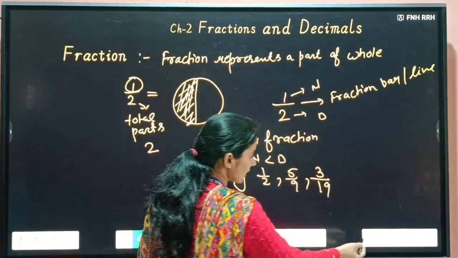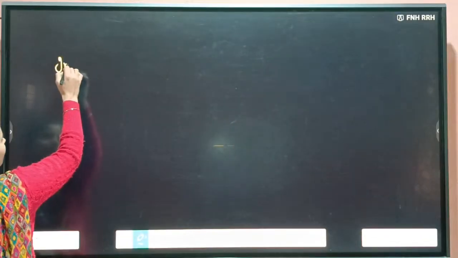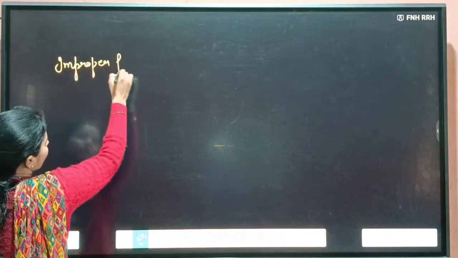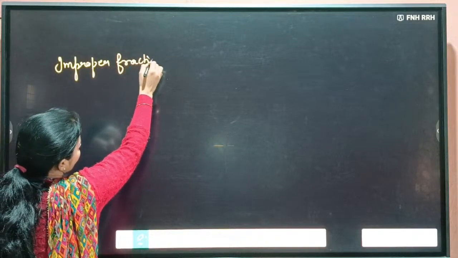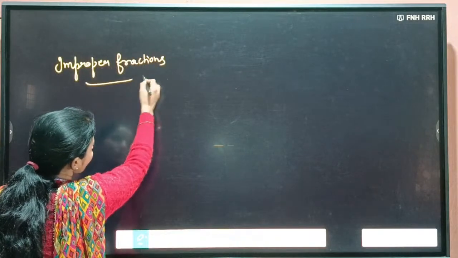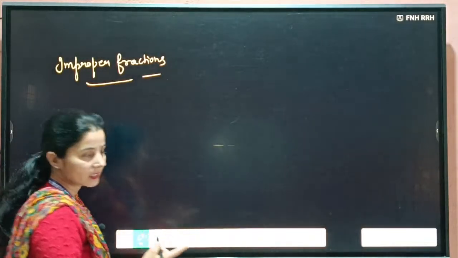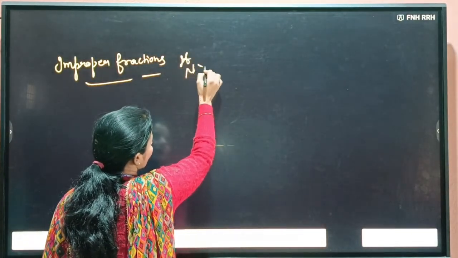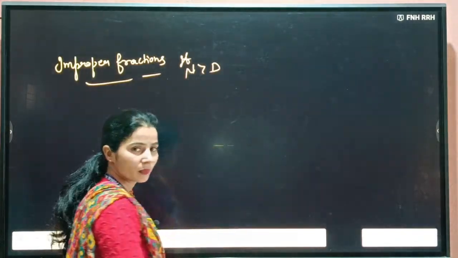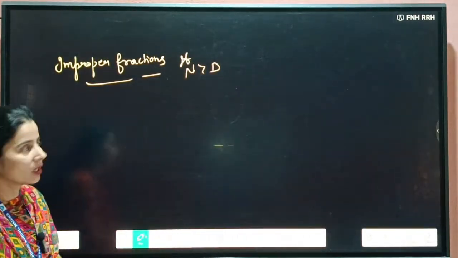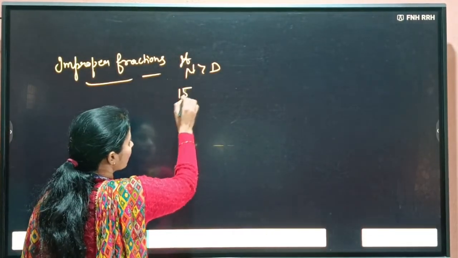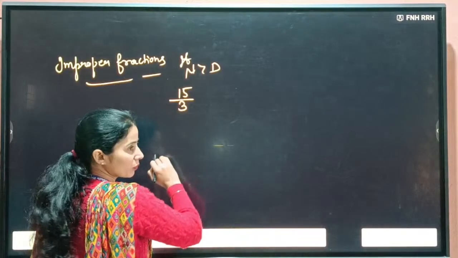What is the second type? The second type is improper fractions. What are improper fractions? If the numerator is greater than the denominator, then that type of fraction is called an improper fraction. Like 15 by 3, an improper fraction.